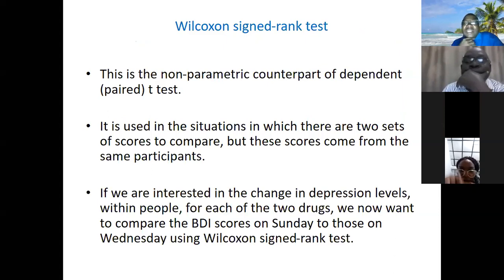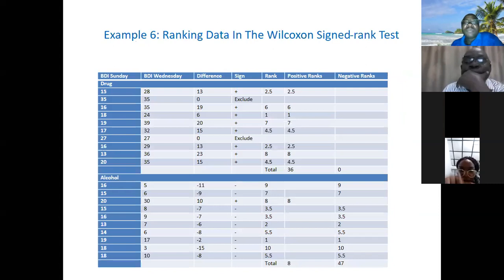Now, the Wilcoxon is already there on the table. Whenever you have the same group and you are comparing before and after, for example the measurement on Wednesday and Sunday, can you see the way we are arranging it now?